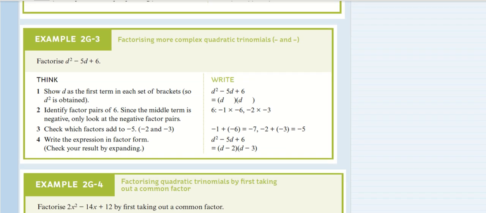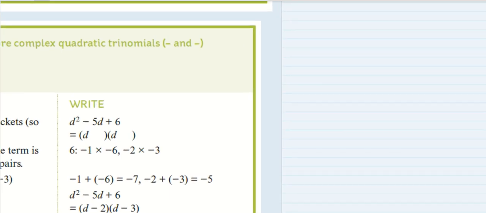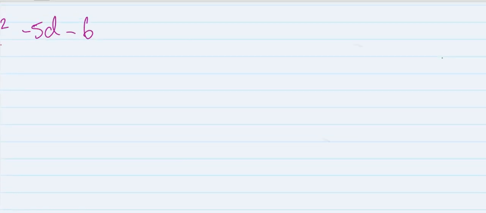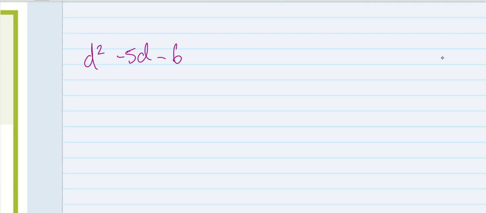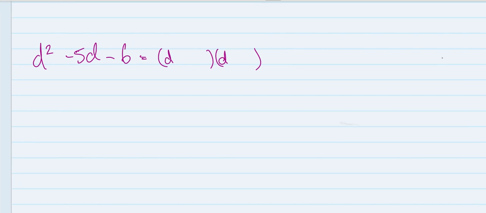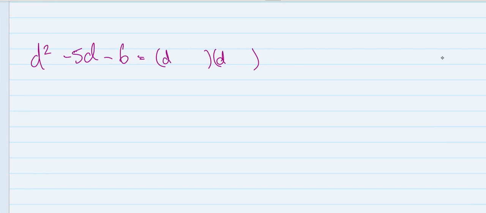Okay, let's look at this one. d squared take 5d take 6. Put in our brackets. The first term is d. Now let's see, if we've got two negatives, that's going to make life a little bit interesting. So let's think of the factors of negative 6.